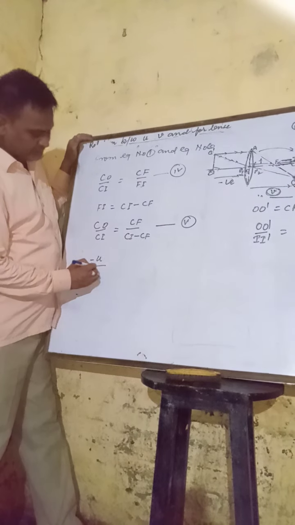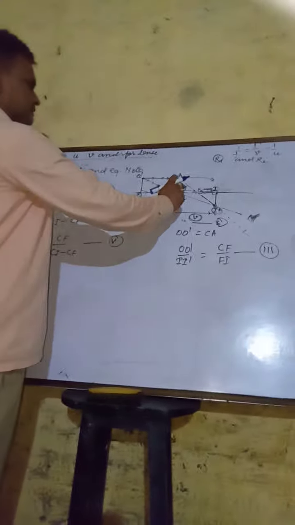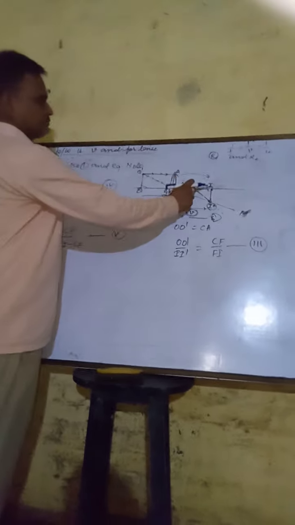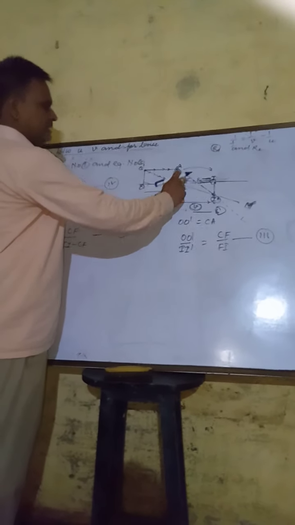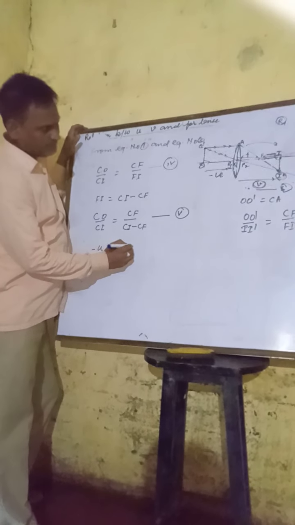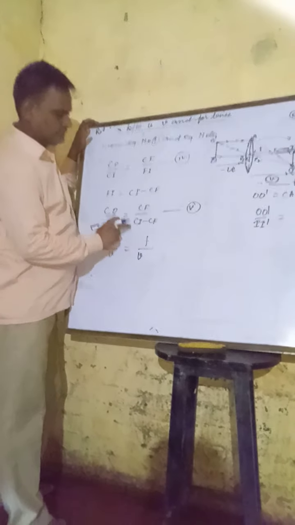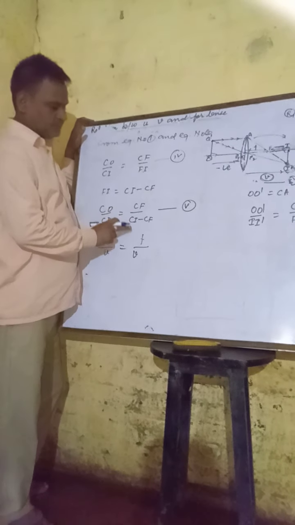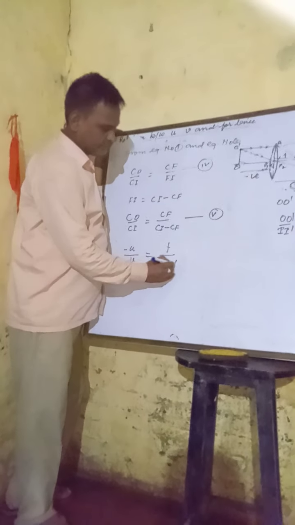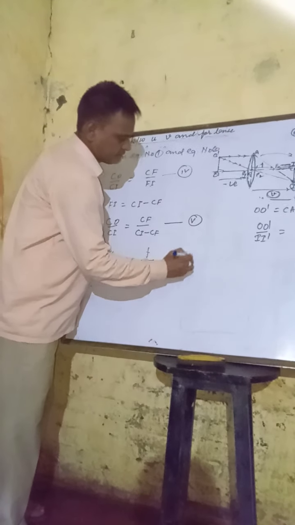So CI is equal to v. CF is the focal length of the lens, and it is measured to the right hand side, so its value is positive. Thus CF is equal to f and CI minus CF is equal to v minus f. It is equation number 6.